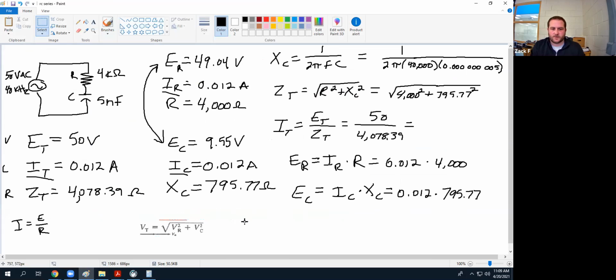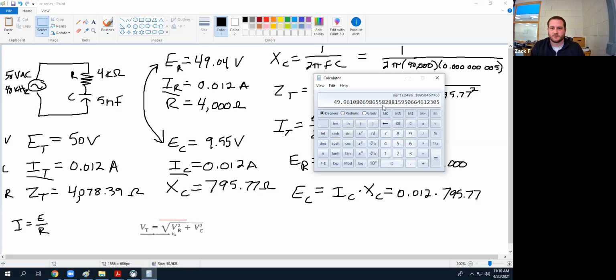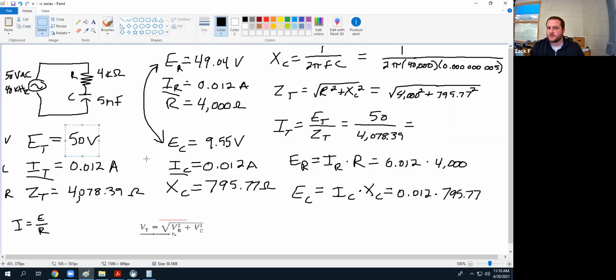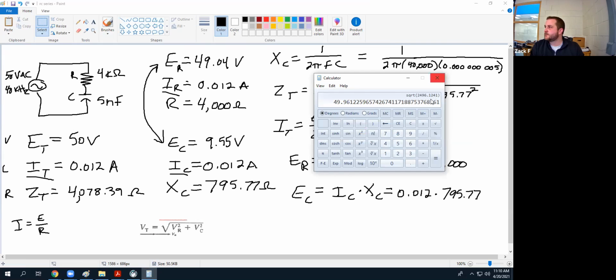If total voltage equals the square root of voltage across the resistor squared plus voltage across the capacitor squared, if I took 9.55 squared plus 49.04 squared, when I take the square root of that, I get 49.96, which equals the total voltage. Cool? Good way to double check yourself.